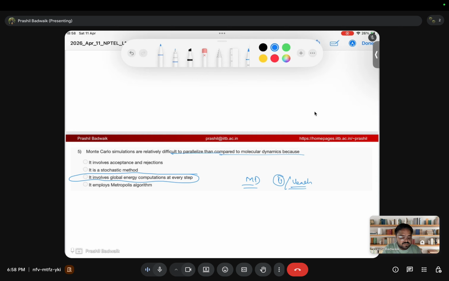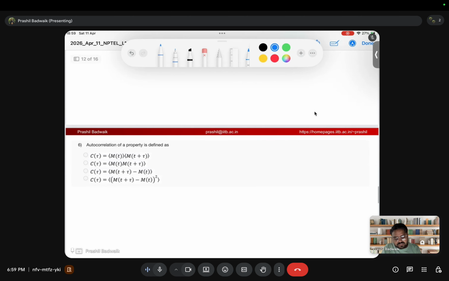Forces on each atom are different, velocities of each atom are different. So if you want to compute forces on each atom and velocities and corresponding positions, we can do parallelization. But here we need a global energy based on which we decide whether the move that has been performed is acceptable or not. So global energy has to be calculated together. Here it is individual calculation, that's why we can go for parallelization, but that is not the case in Monte Carlo simulation, which is option number C.